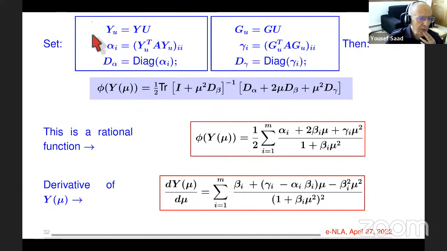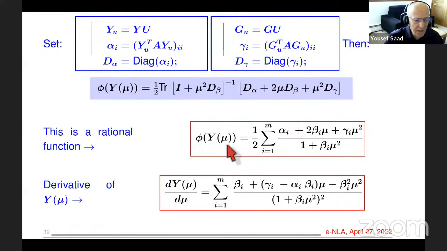Again, a lot of notation, but if you compute phi of y of mu, you get this expression here, which are quantities you extract from here. So it's a rational function, which you can then minimize or maximize.